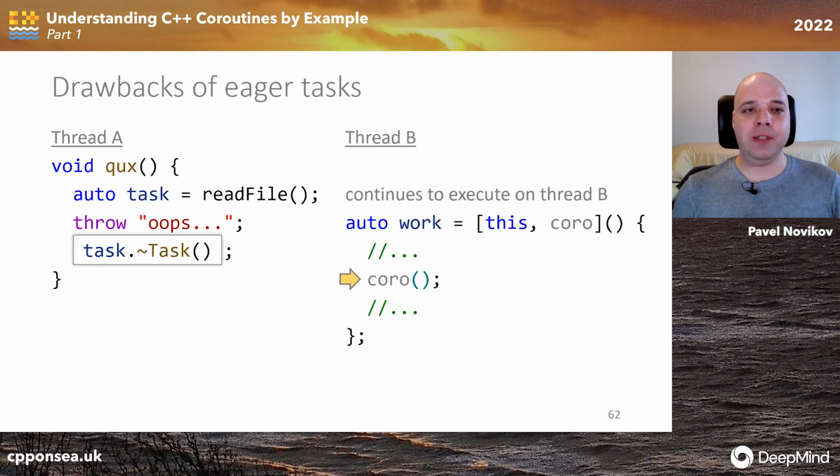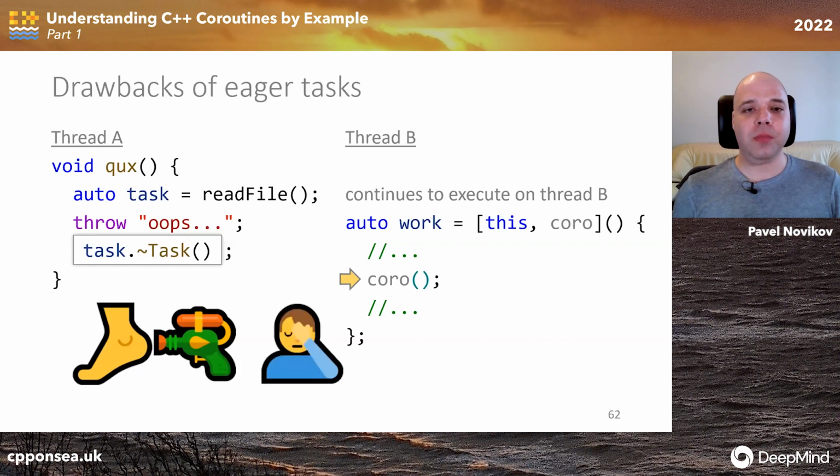And in this case, the task is destroyed, all the resources are freed, and basically we pull the rug from under the possible thread that executes the coroutine. So we have dangling references and all that beauty, and this is basically a shot in the foot.